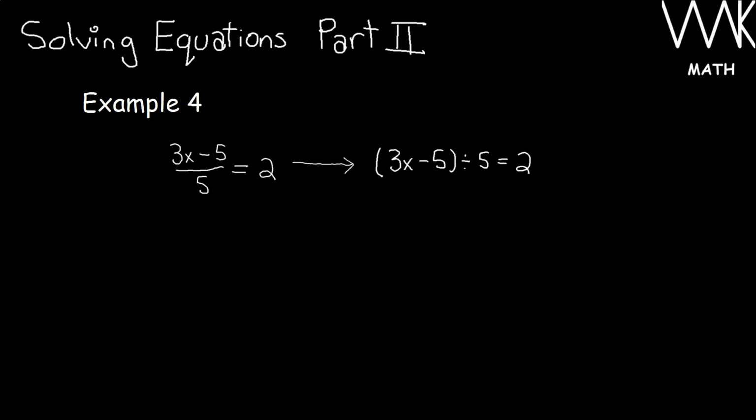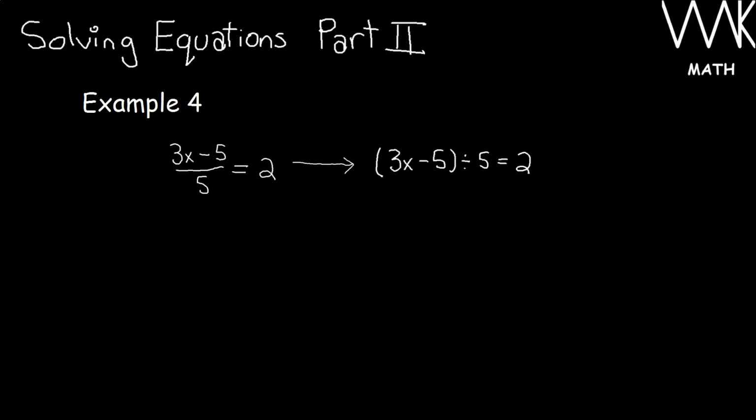So if we were to rewrite this using brackets, what we do is we put everything on the top first in brackets, then write a divide, and then we put everything else on the bottom in brackets as well. In our example, the 3x minus 5 is on top, so that's the first thing we write. After that, we put those terms in brackets and then put a divide sign.